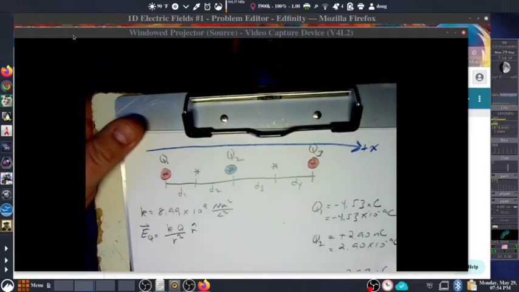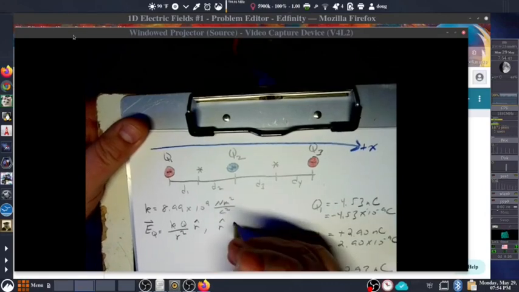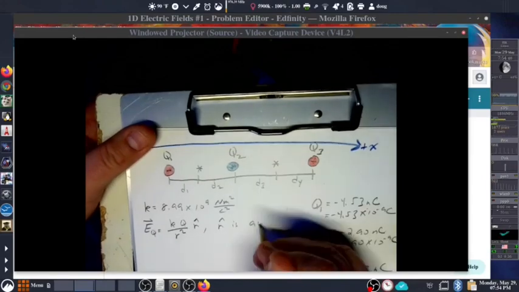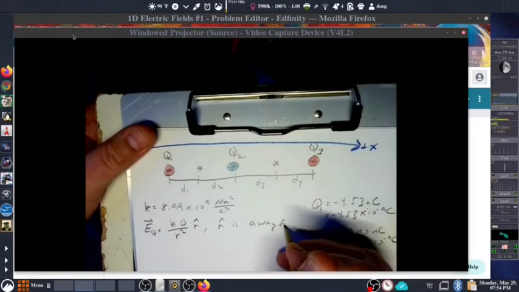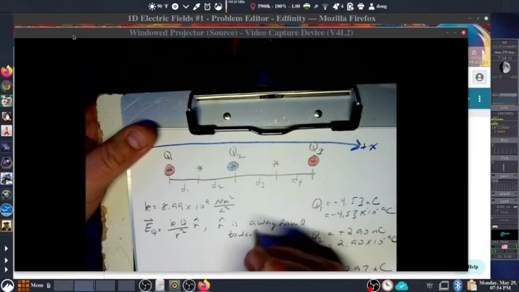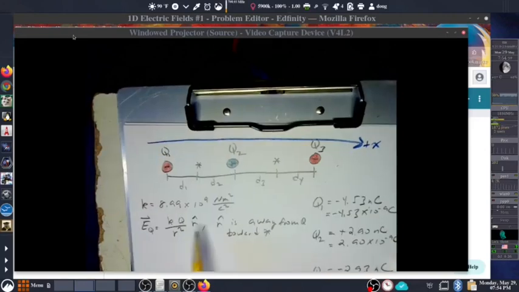The r hat here, remember, is a unit vector that points away from the charge toward the field point. And it doesn't care about the sign of the charge.